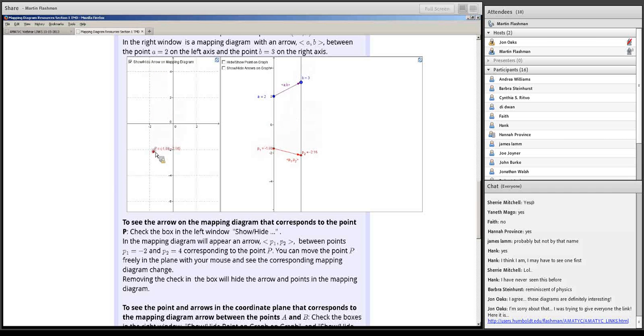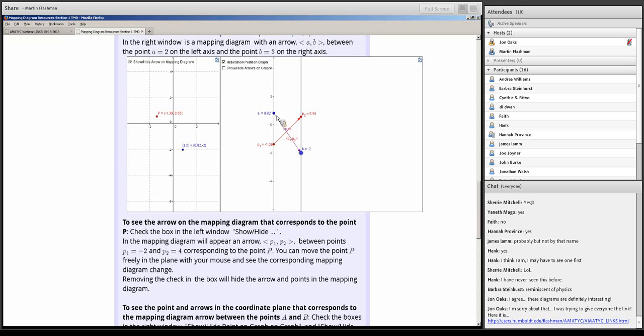As I move that point in the plane, we see the arrow in a corresponding position. And over here we have a mapping diagram, an arrow in the mapping diagram, and we can see that corresponding to the point here as I move it: the first coordinate moves left and right. If I move the second coordinate, it moves up and down. And this is an easy way to see relationships between the things.